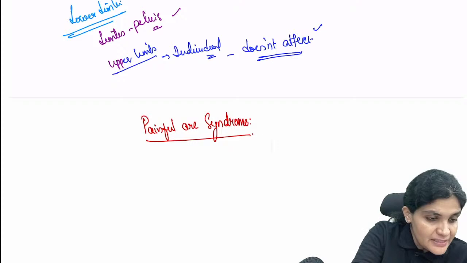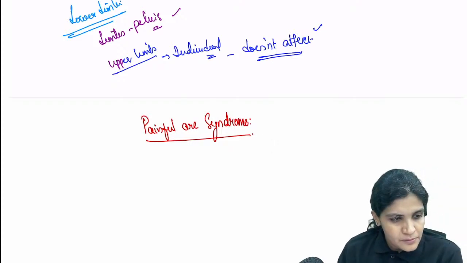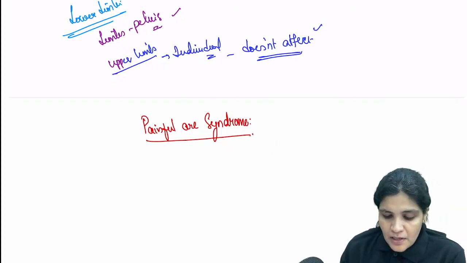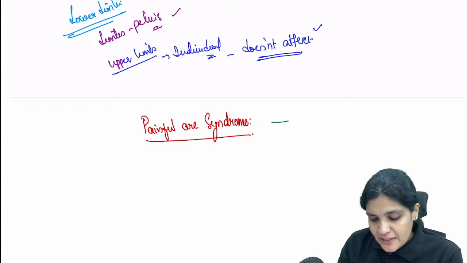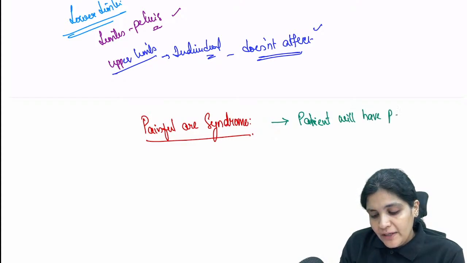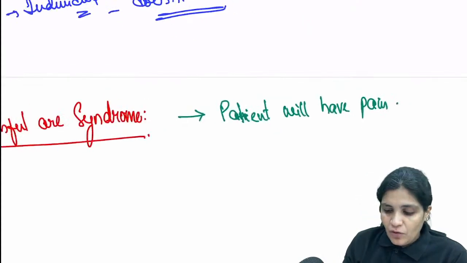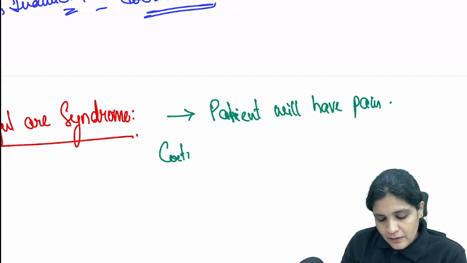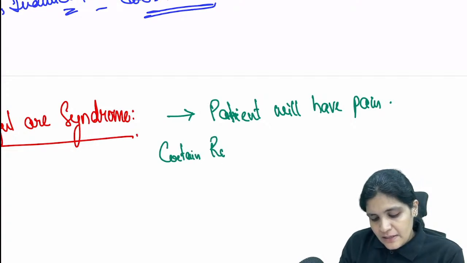What is a painful arc syndrome? Here the patient will have pain only during a certain range of movement of the shoulder.